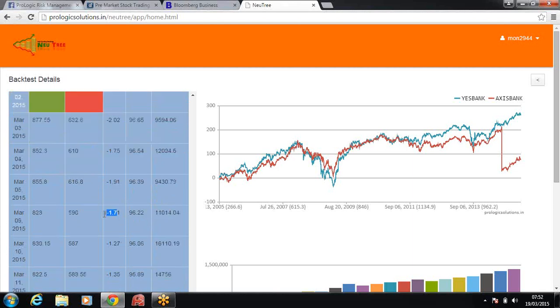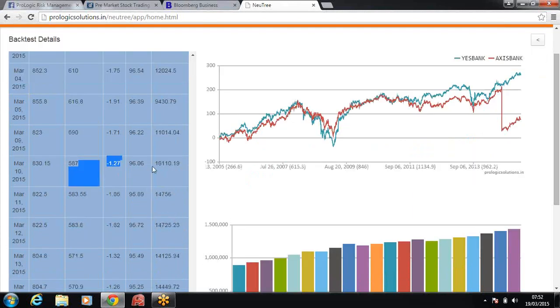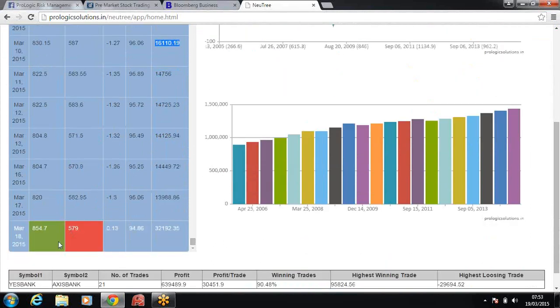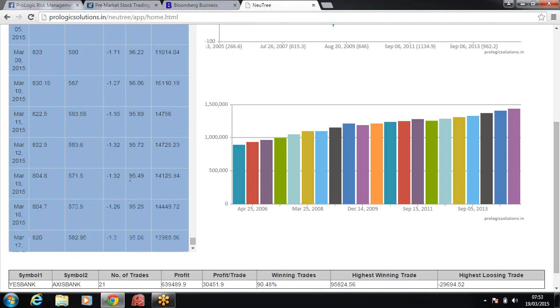You can see here 1.17, 1.27. So that's around 16,000 rupees here. So finally, overall, what we have at the end of yesterday is around 32,000 rupees profit on this particular pair.